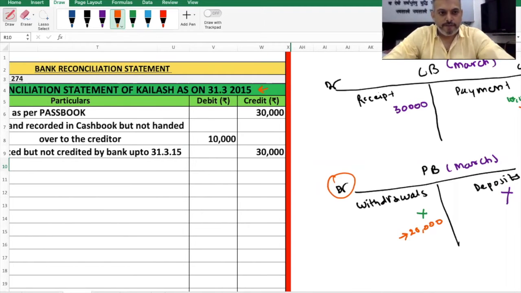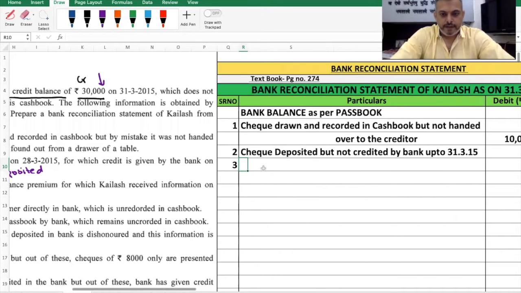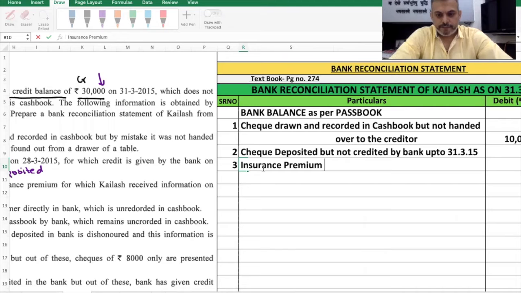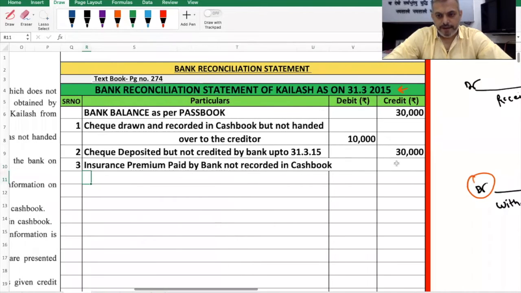That's why it forms part of our bank reconciliation statement. So let's record: insurance premium paid by bank not recorded in cash book.